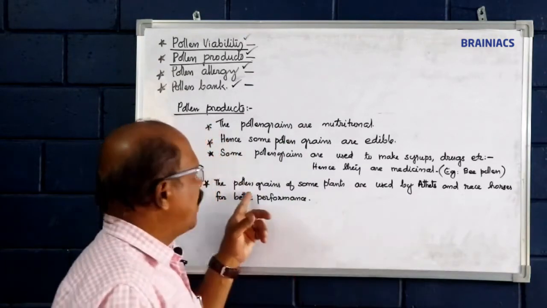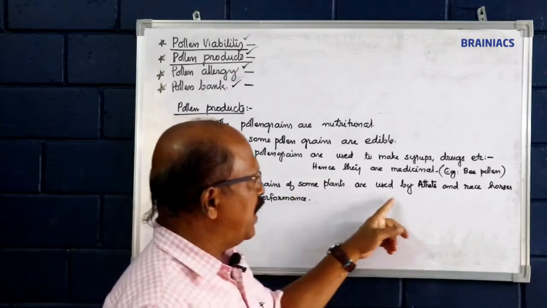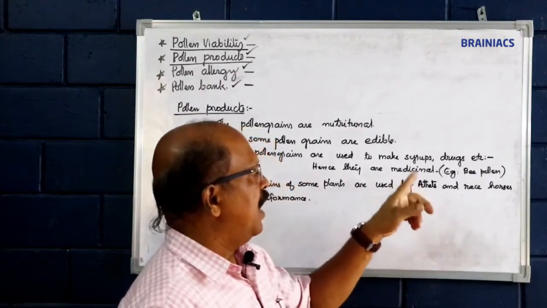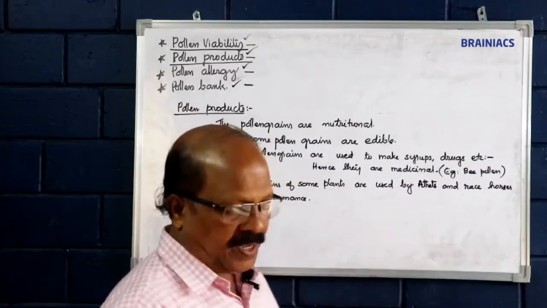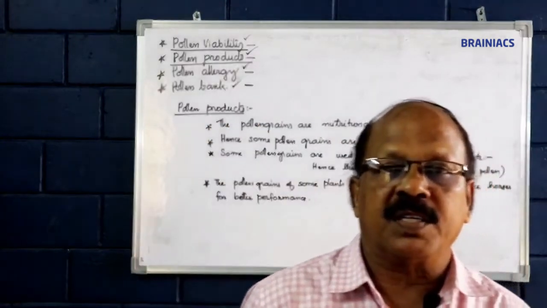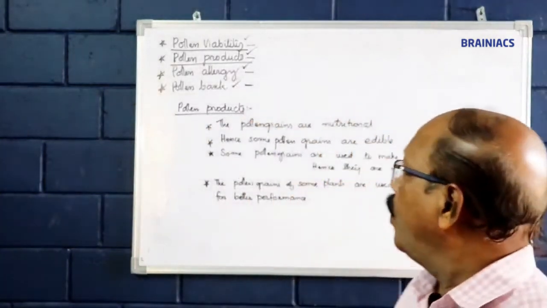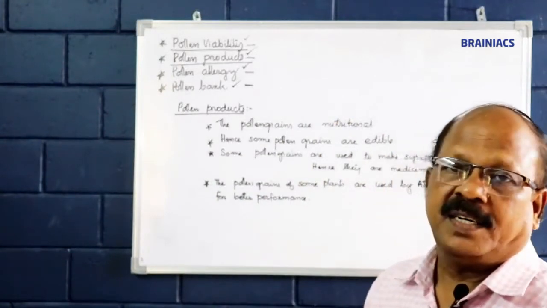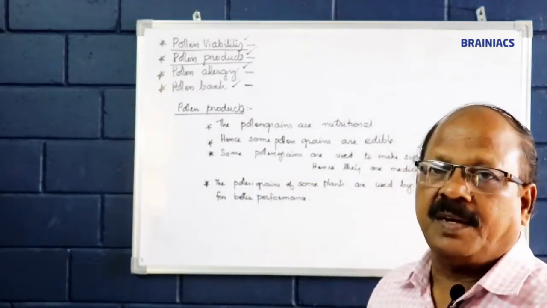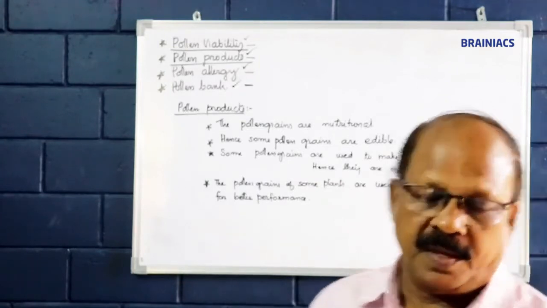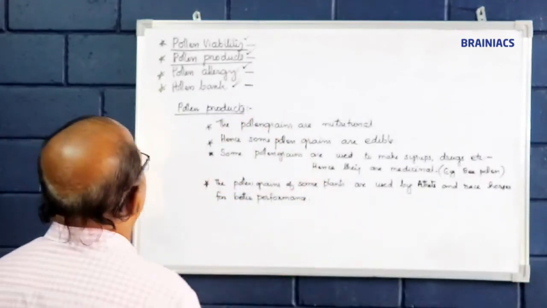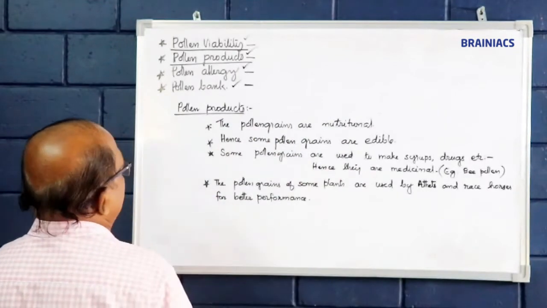See, the pollen grains of some plants are used by athletes and race horses for better performance. And so these are all about the pollen products: drugs, syrups, bee pollen, etc. Okay. Then pollen allergy.